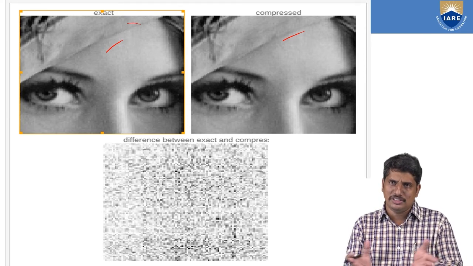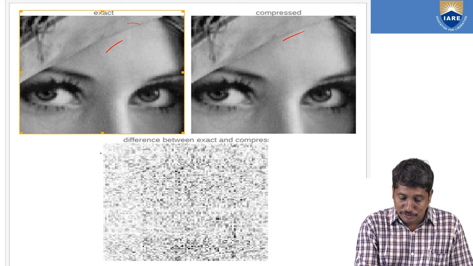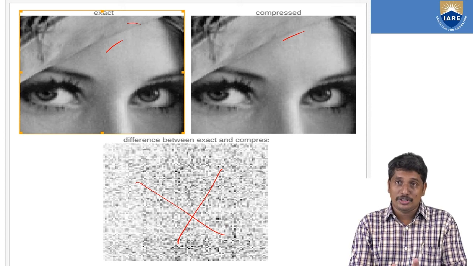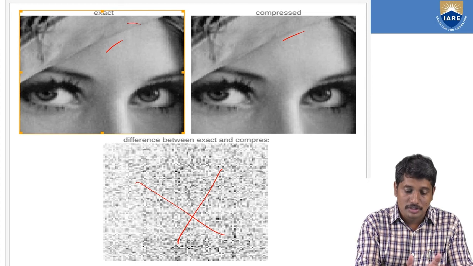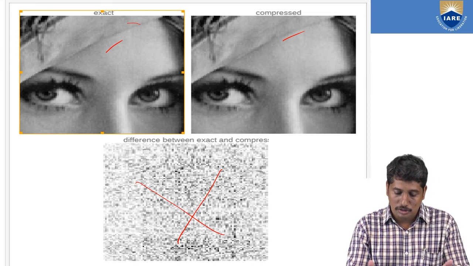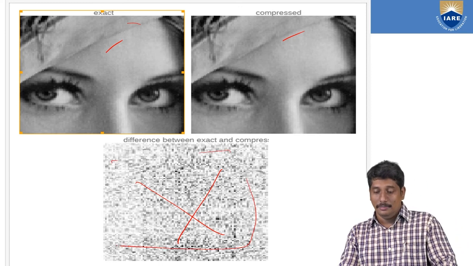You cannot feel much difference between those two. And the difference, the lost information, is represented with this image. This is the amount of information that you have lost from the original photo to the compressed photo. The difference in information is represented in this blurred image.